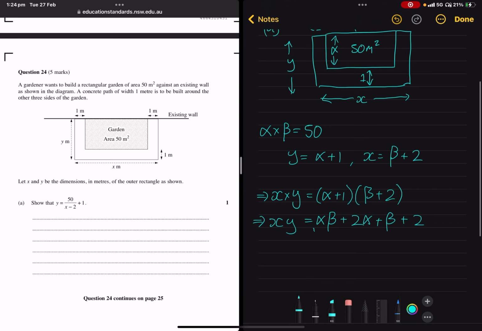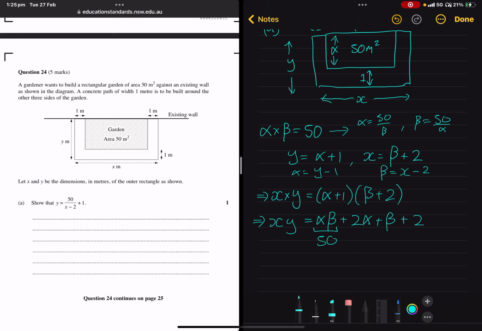We know that alpha times beta is equal to 50. And this also tells us that if we want to do individual substitutions, alpha is equal to 50 over beta, or beta is equal to 50 over alpha. We also have y in terms of alpha and x in terms of beta. So we could say alpha is equal to y minus 1, and beta is equal to x minus 2.